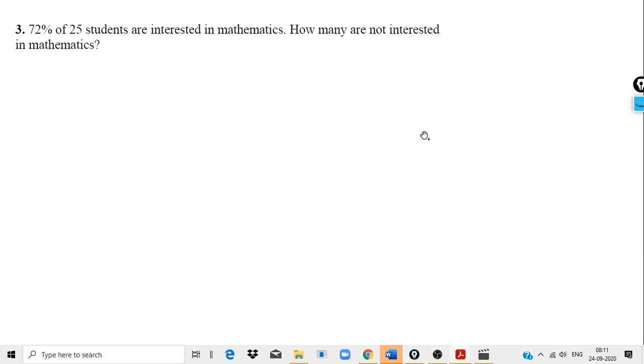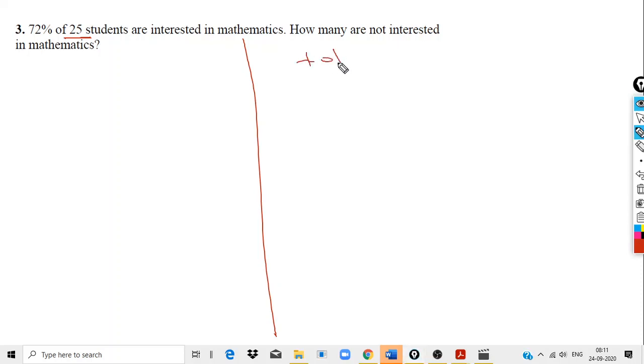Now we will move to question number 3. Here you have: 72% of 25 students are interested in mathematics. How many are not interested in mathematics? Okay, very nice. 72% of 25 students are interested in mathematics. So total students is 25.